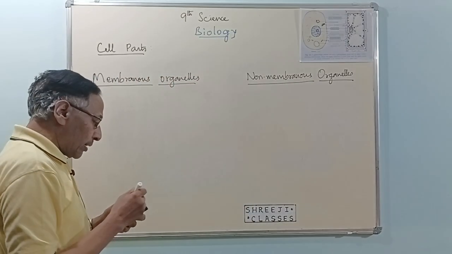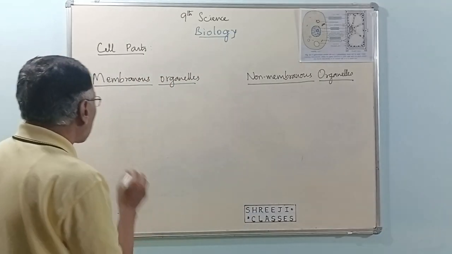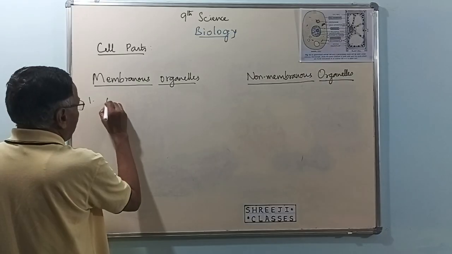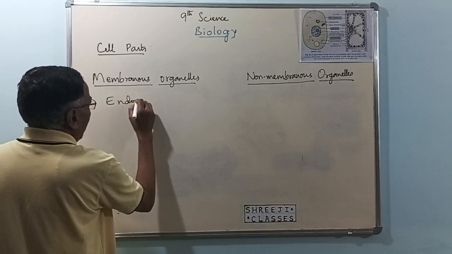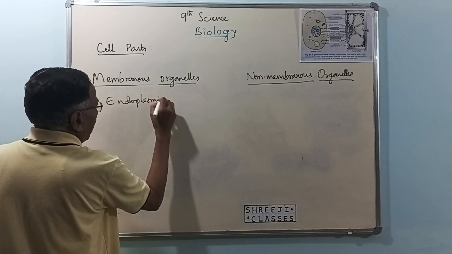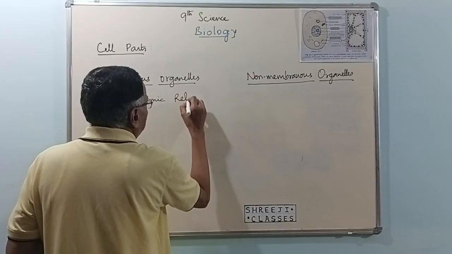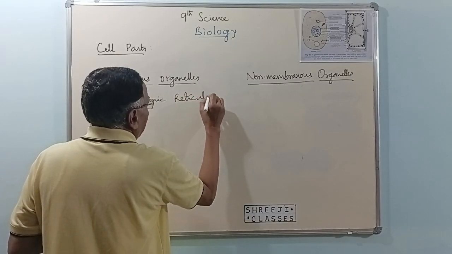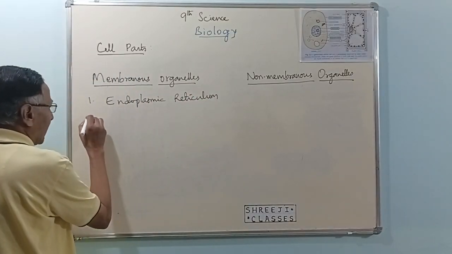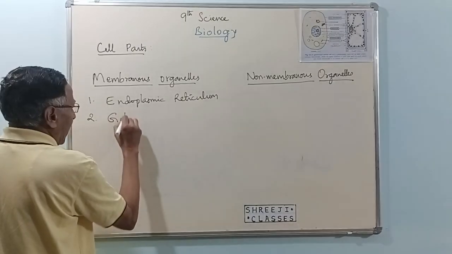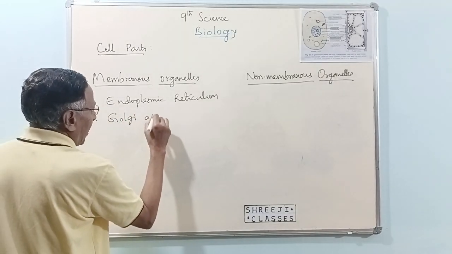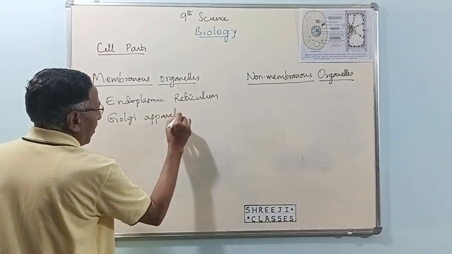What are membranous organelles and non-membranous organelles? First one is your endoplasmic reticulum. Second is Golgi apparatus, or we also call them as Golgi bodies.